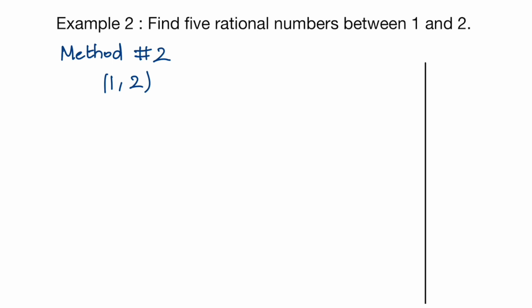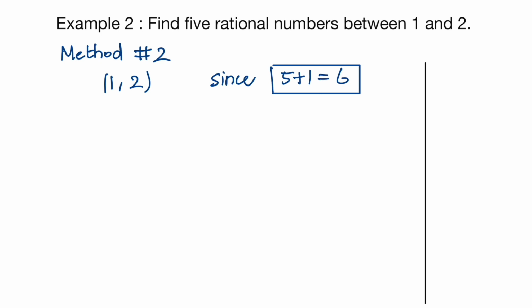Now since we have to find 5 numbers, what you are going to do is that you are going to add it with 1. 5 plus 1, that gives you 6. So you take this number and what you are going to do is that you are going to multiply the numbers 1 and 2 by 6 in numerator and denominator.